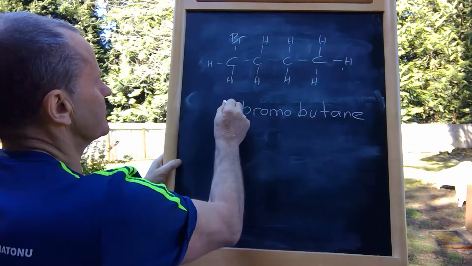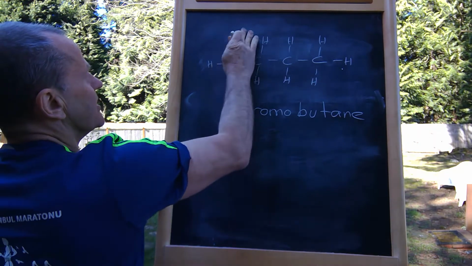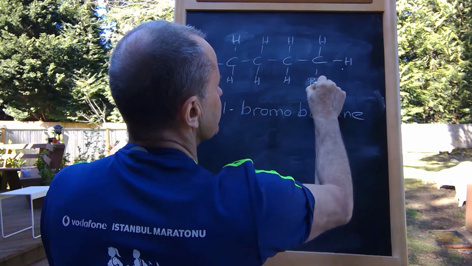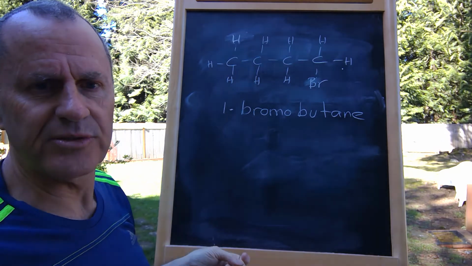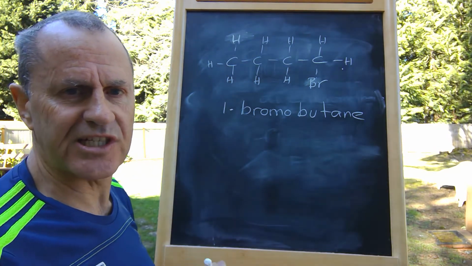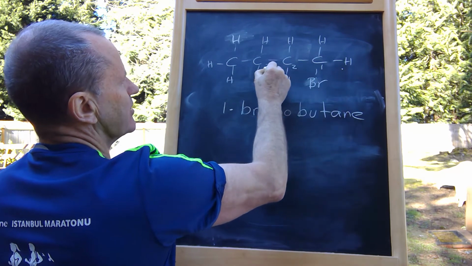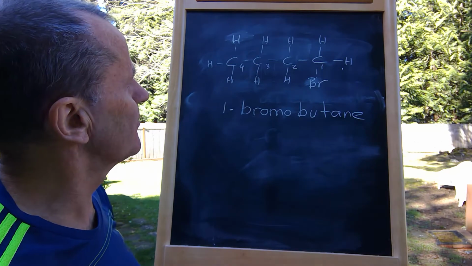And so this becomes 1-bromobutane. If we were to take that bromine and add it to this one, this would also be 1-bromobutane. We simply take the smallest number from one end. So this is now 1, 2, 3, 4, instead of the other way round, which is what it was before.